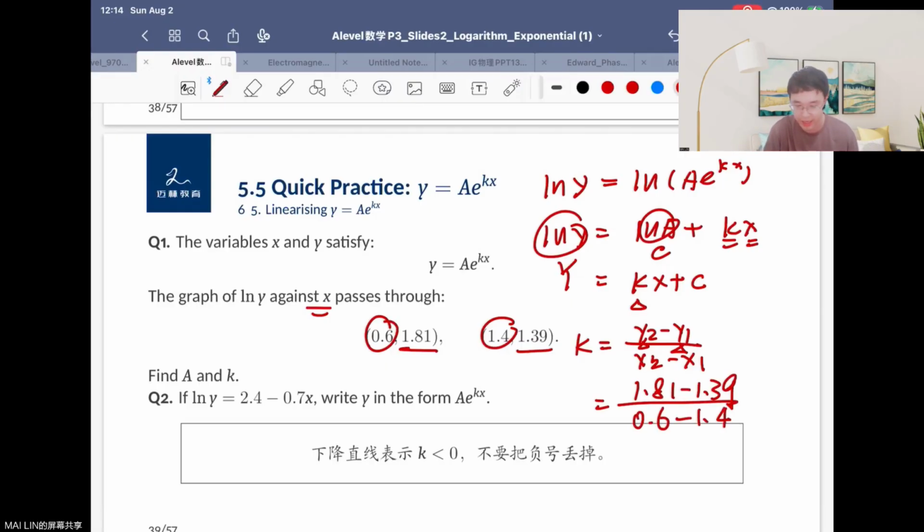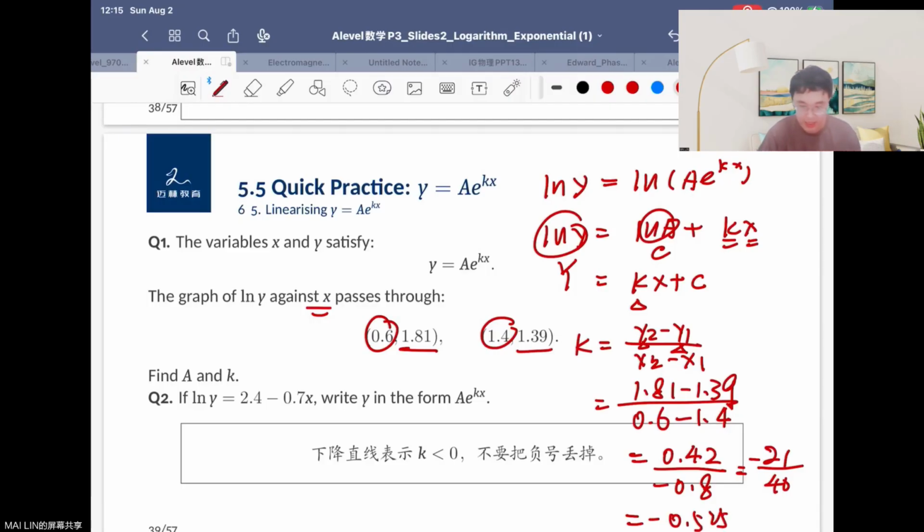Then 1.81 minus 1.39 equals 0.42, divided by negative 0.8. So the value here is negative 21 over 40. Let me use the calculator. So the answer is about negative 0.525, right?